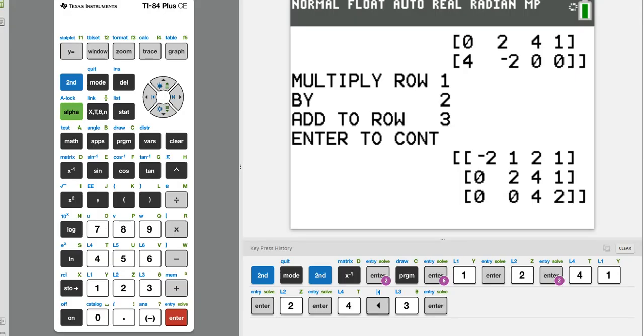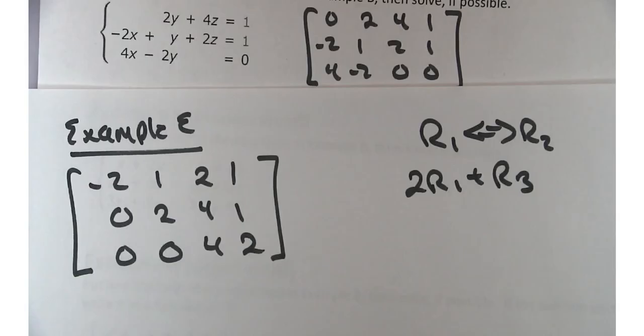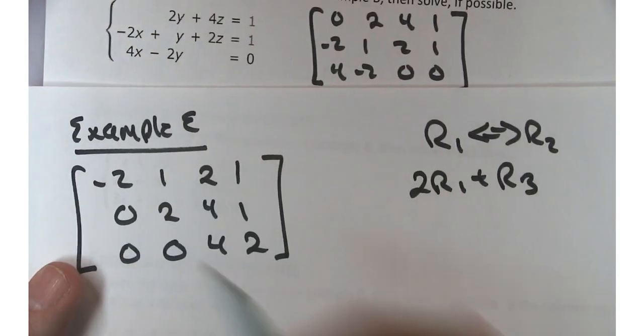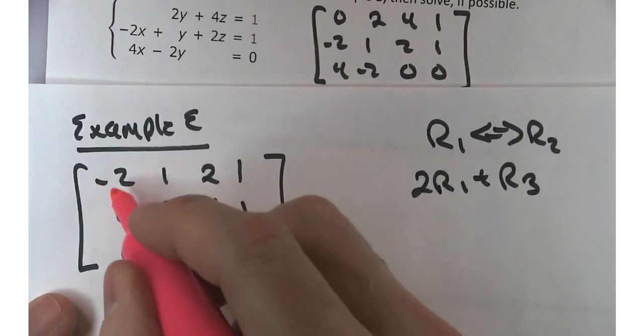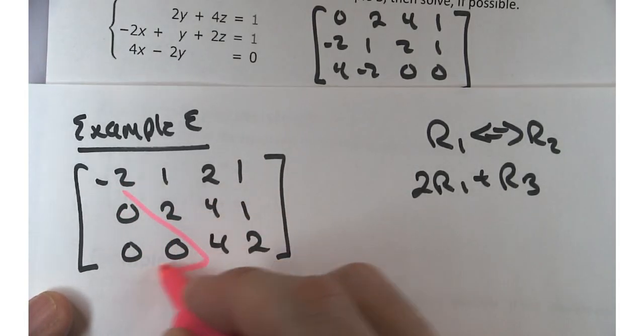Negative 2, 1, 2, 1, 0, 2, 4, and 1, 0, 0, 4, and 2. That's nice. This is that upper triangular kind of form that I've mentioned. You've got a nice triangle of zeros right here.